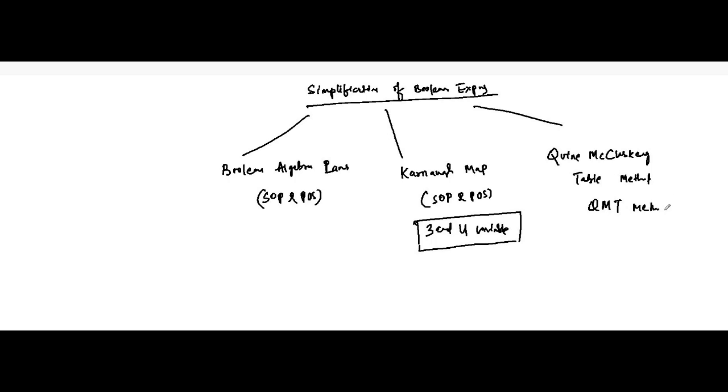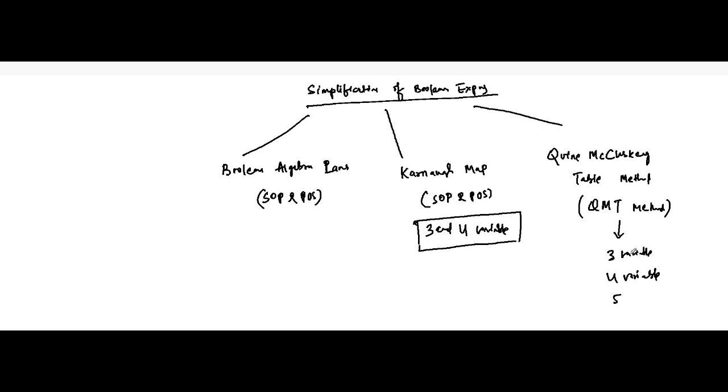So we'll first use this method to solve a few 3 variable questions, then we'll go to 4 variable questions, and then we'll discuss 5 or 6 variable. See, 5 and 6 variable questions rarely come in exams. It's mostly related to 3 and 4 variable, but we should know the basic concepts related to Quine-McCluskey.